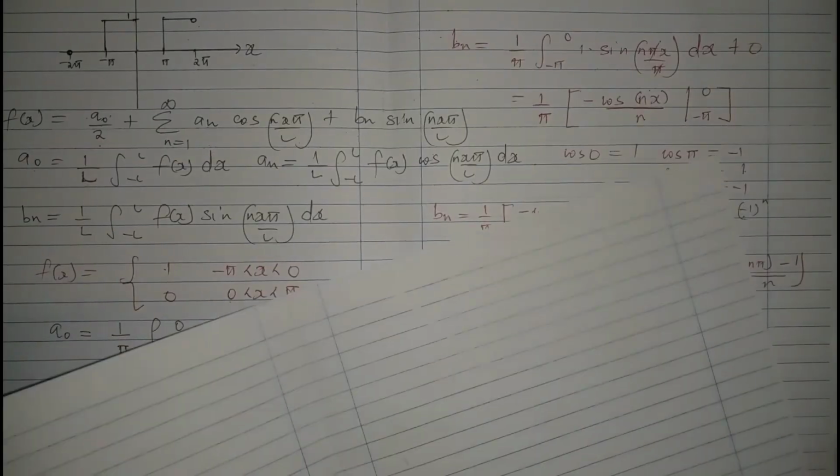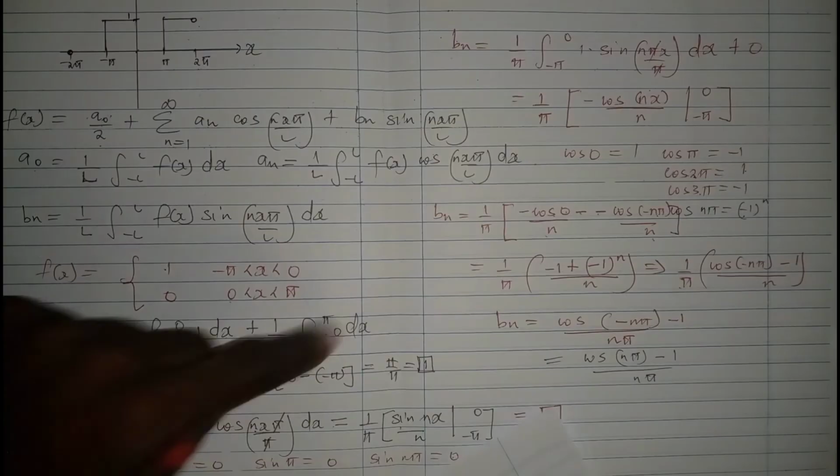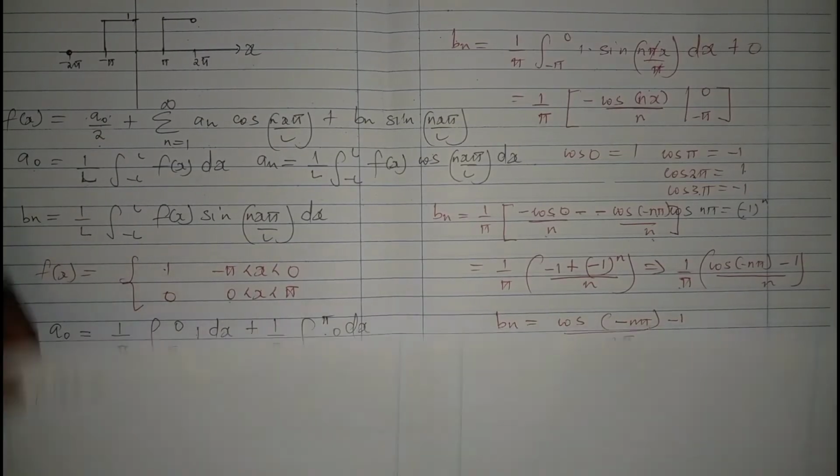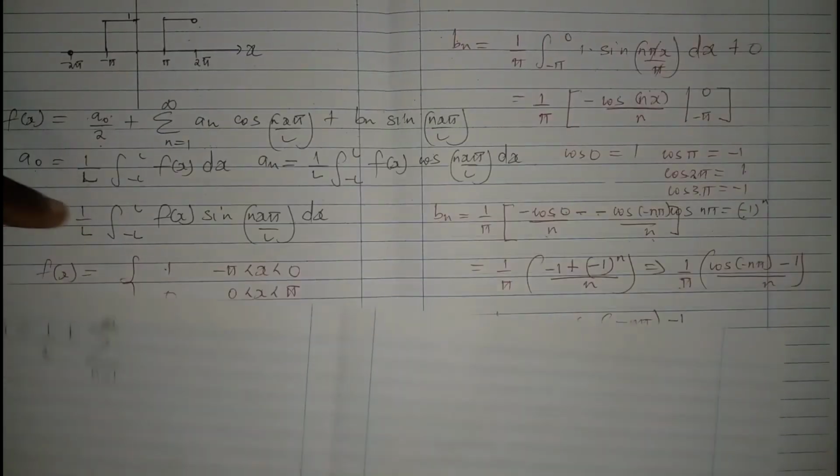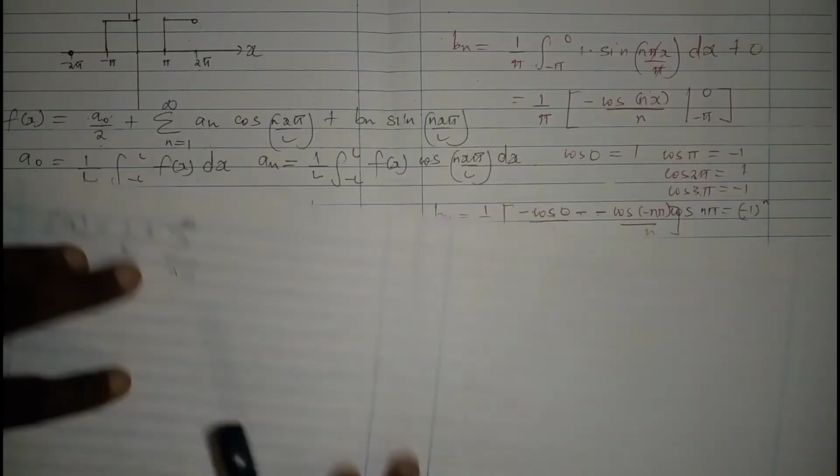Okay, so now let's write our Fourier series. We have said that f of x is equal to a naught over 2. And what is our a naught? Our a naught is equal to 1, so I'm going to say 1 over 2. Plus the summation to infinity. We said our n was equal to 0, so I'm just going to have bn right here. And what is bn?